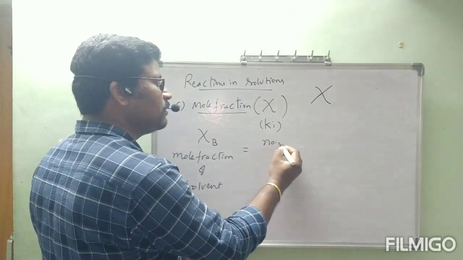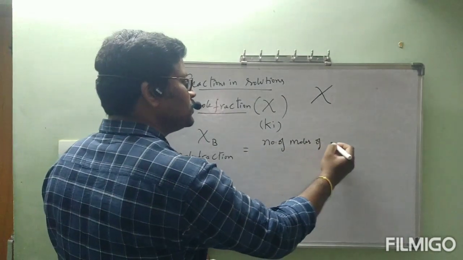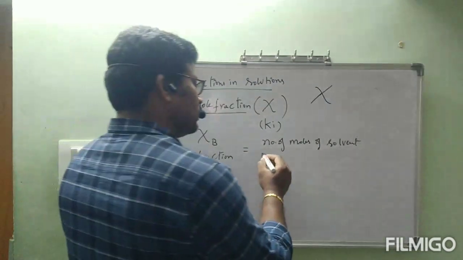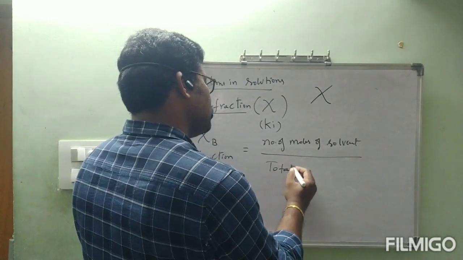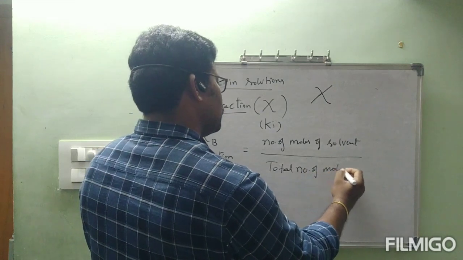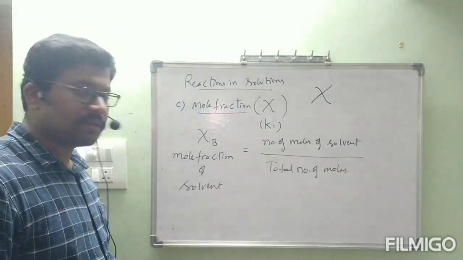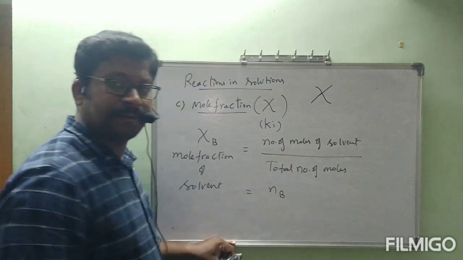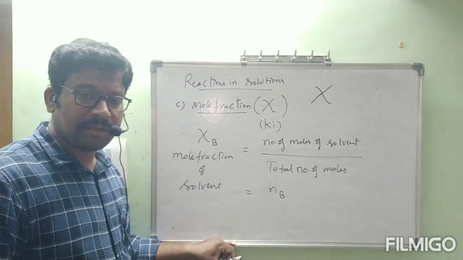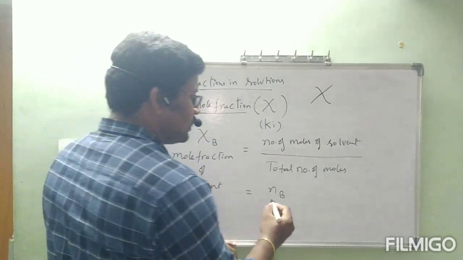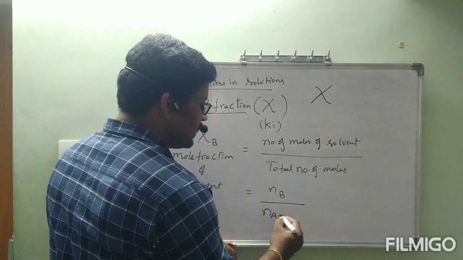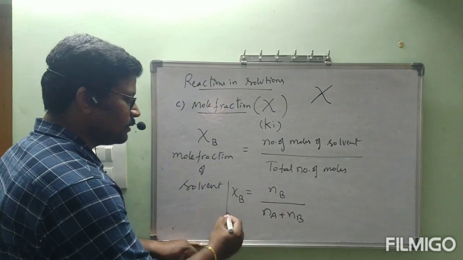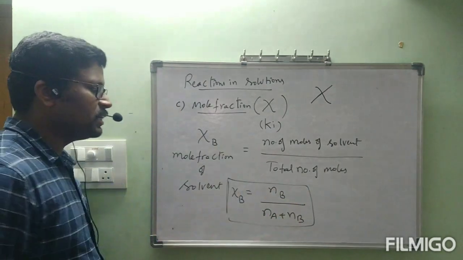So number of moles of solvent divided by total number of moles. Number of moles of solvent is equal to Nb only, because solvent is represented by B. So Nb divided by total number of moles Na plus Nb is called chi B. This is called mole fraction of solvent.